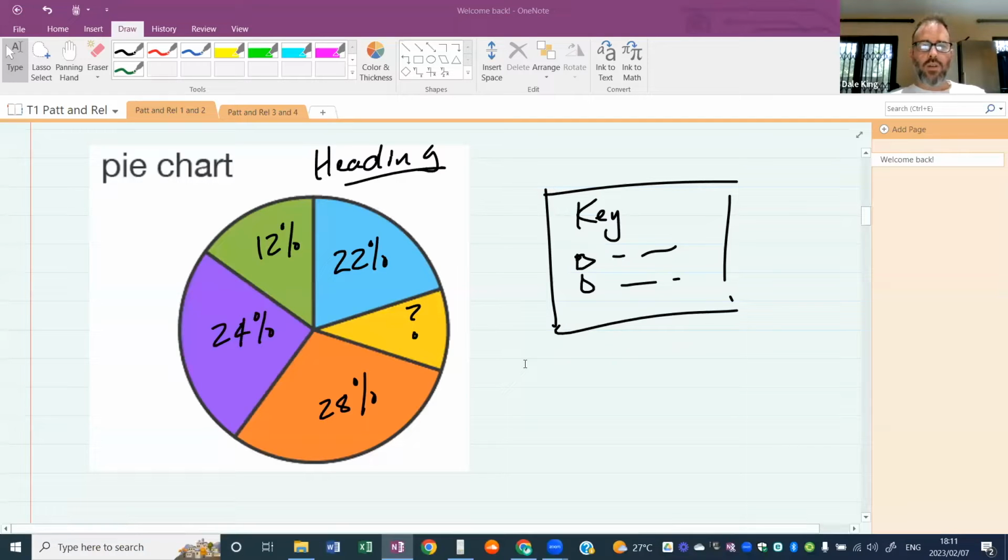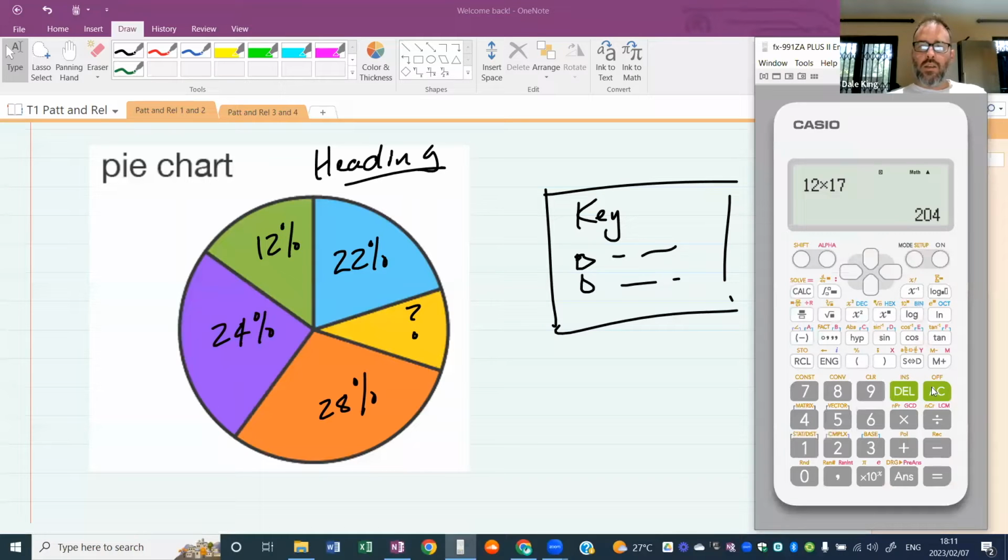Okay, let's try and work this out. Make sure that you got your calculators there. So one way you could do this is by saying that the whole pie, if these are percentages, has to have a percentage of 100%. Okay, I'm just going to write 100 there. And then we're going to take away all the percentages we know to find the one that we don't know. So I'm going to minus, and look how I build this formula.